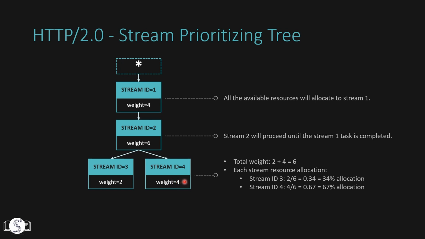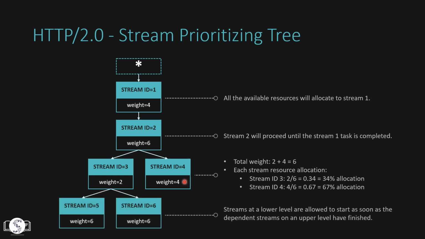Stream 3 will get 34% resource allocation, and stream 4 will get 67% of the available resources. Finally, when stream 3 finishes, streams 5 and 6 will get the available resources in equal parts. They do not have to wait for stream 4 to complete.